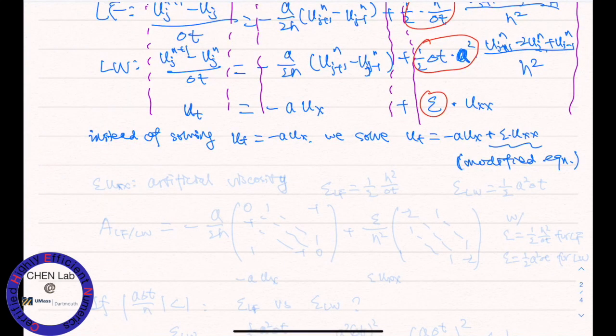The scheme is actually closer to a different equation, called the modified equation, and this epsilon u_xx is like a small additional Laplacian. This is also called artificial viscosity, having some diffusion. It stabilizes things. Things diffuse and get more stable.